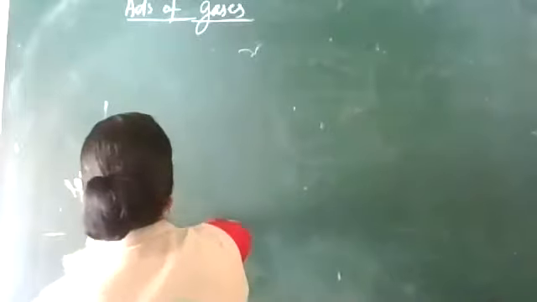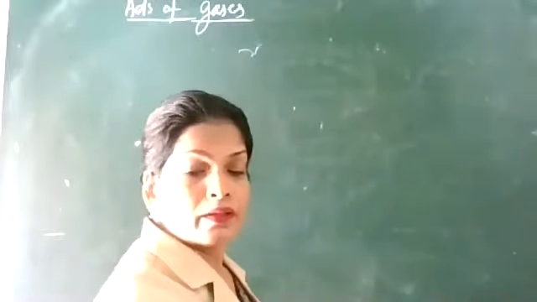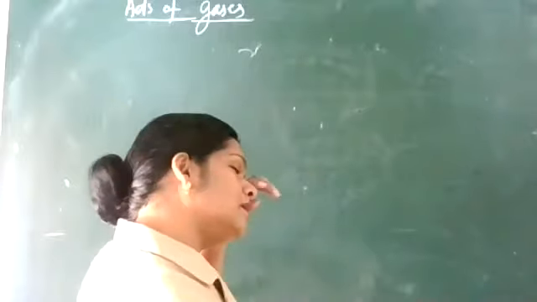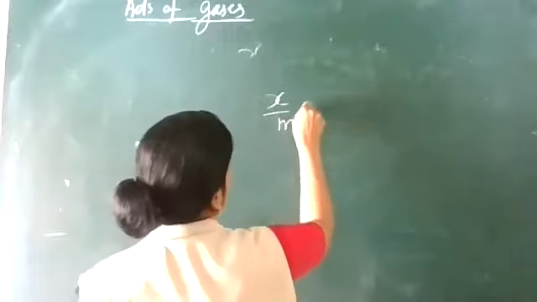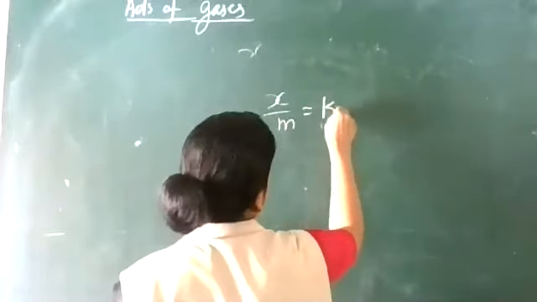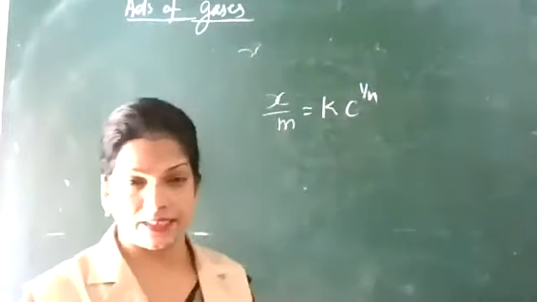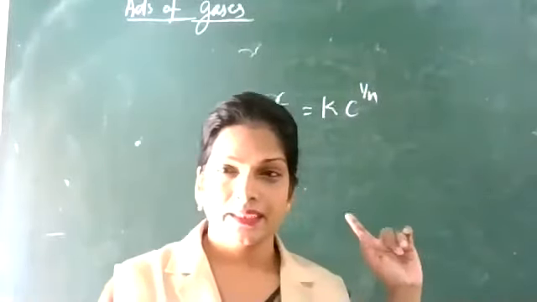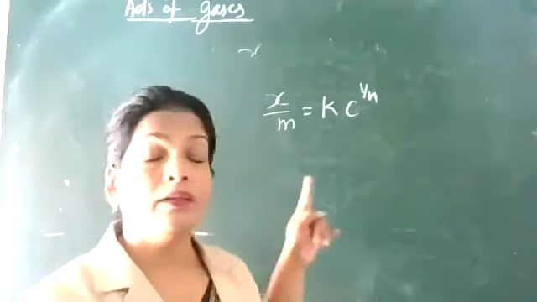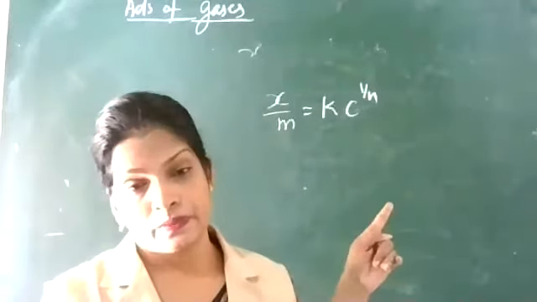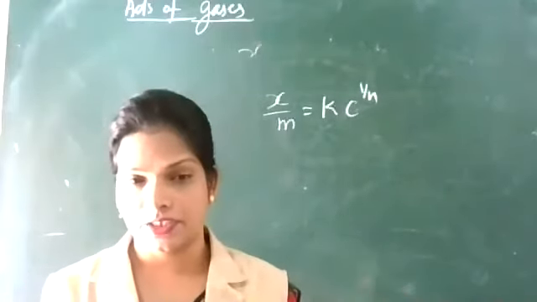Here also, Freundlich's adsorption isotherm can be approximately written in the form x by m is equal to k c to the power 1 by n, where c is the concentration. In the case of gases, we talk in terms of pressure.